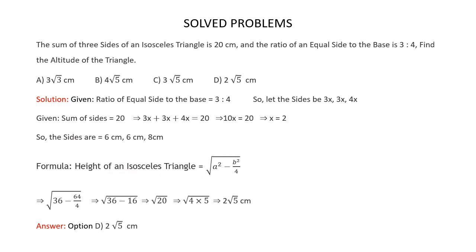Substituting these values in the formula here, we get the height of the isosceles triangle is equal to square root of 36 minus 64 by 4. On solving this, we get the height of the isosceles triangle as 2 root 5 centimeters. So the correct answer is option D, 2 root 5 centimeters.